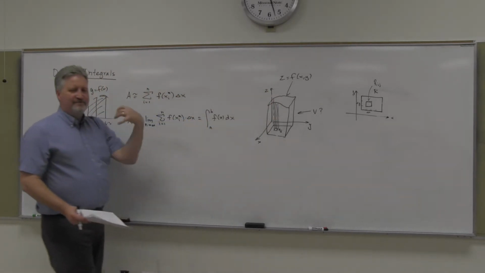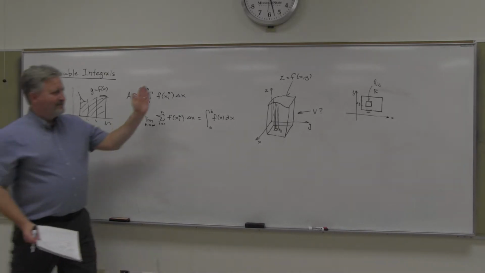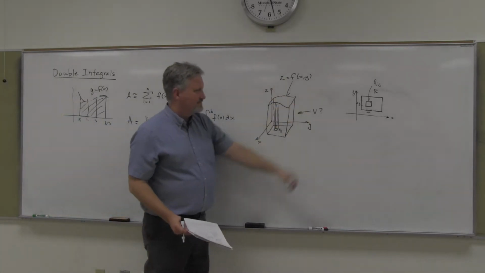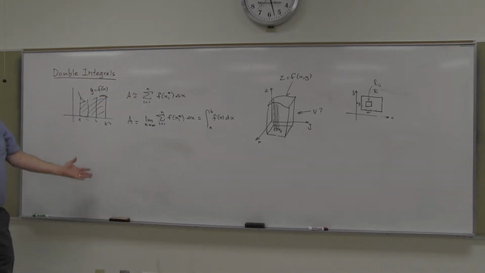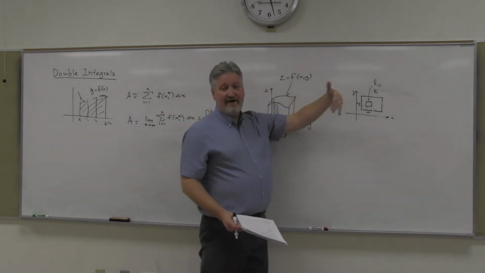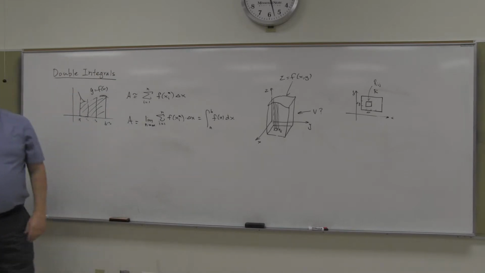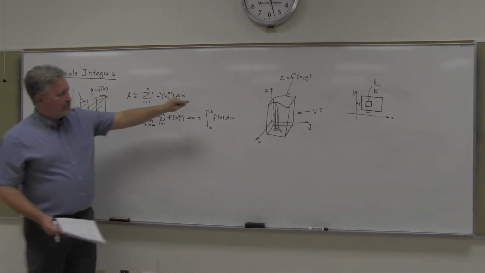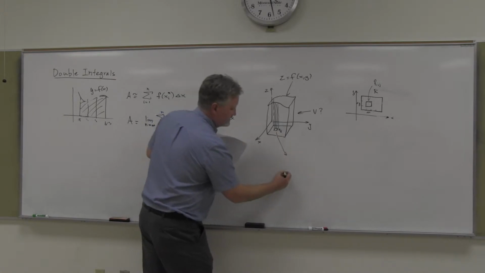We're talking volumes, and you can do midpoints and right-hand endpoints for X, and I guess you could do a right-hand endpoint for X and a left-hand endpoint for Y, or an upper one. So it gets complicated.